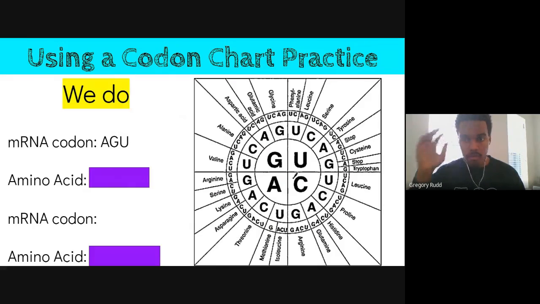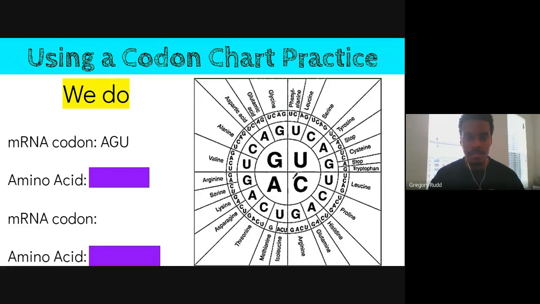Now for the people who prefer this chart, can we work with AGU? If the codon is AGU, then what's my amino acid? Thank you, Jessica.